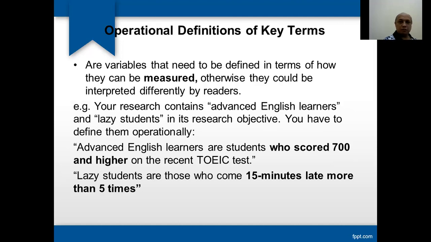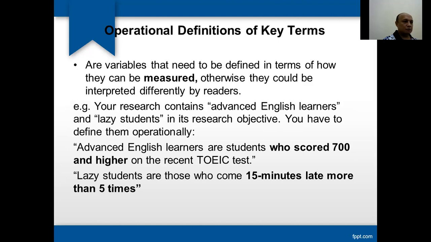Operational definitions of key terms are variables that need to be defined in terms of how they can be measured quantitatively. So you define them so that readers will come to the same perception, the same understanding as you do.